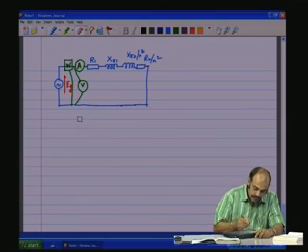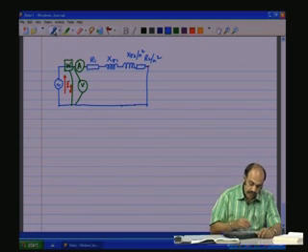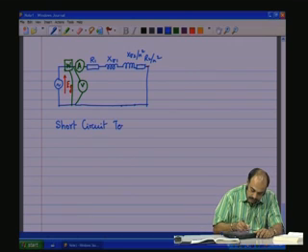So, these are the changes that happen when you do a short circuiting of the secondary side. So, this is called the short circuit test.